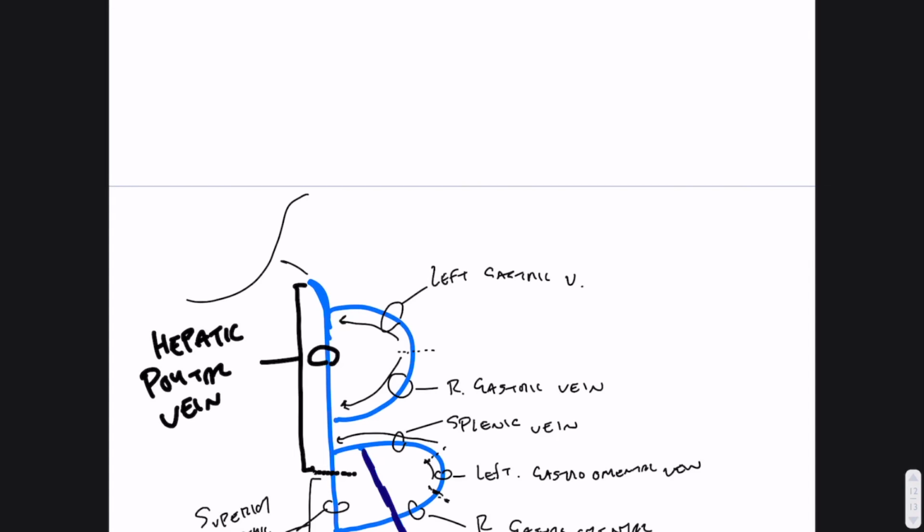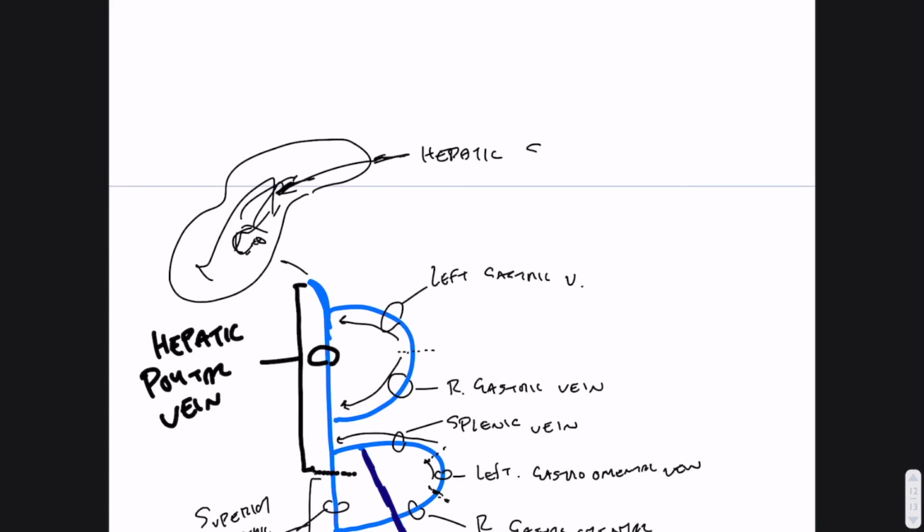So here's our liver. And we have a bunch of little capillaries in the liver. So imagine those are capillaries. The capillaries of the liver, so these things, are called hepatic sinusoids. Those are just the named liver capillaries, kind of like how glomerulus in the kidney was the capillaries of the kidney.